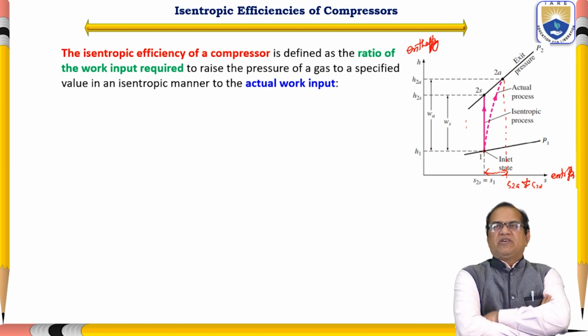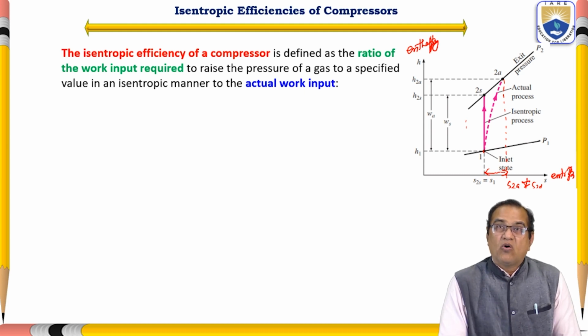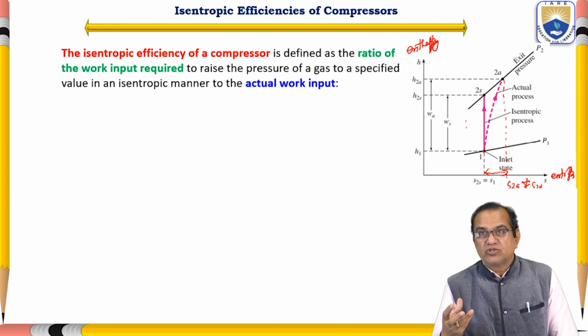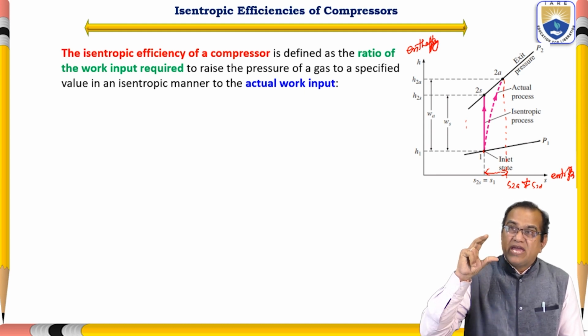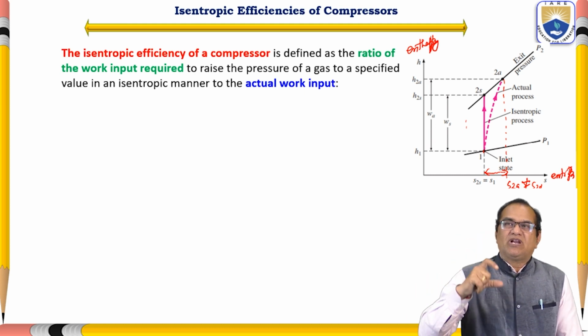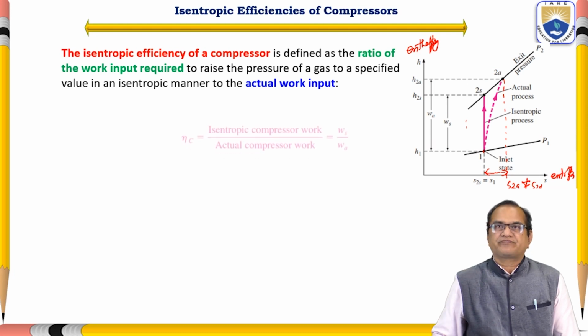So the isentropic efficiency of a compressor is defined as the ratio of the work input required to raise the pressure of a gas to a specified value in an isentropic manner to the actual work. So isentropic work divided by actual work gives the isentropic efficiency.